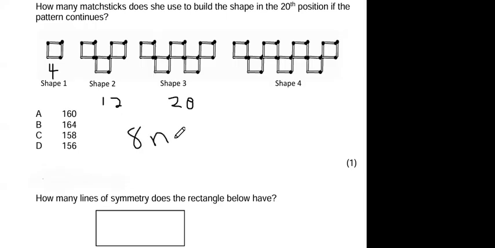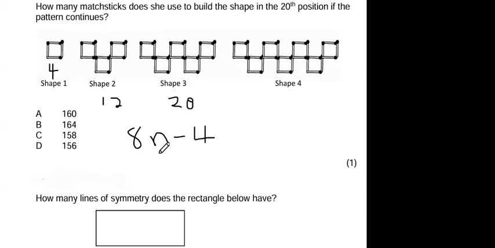Alright. Yeah, that's the pattern. For the prep student, I'm not sure how to explain that, but you can do it your way. So what it is, each time you have 4, so each time you add 8, right? So you add 4, then you add 8. And then for the 20th, it would be 8 times 20.